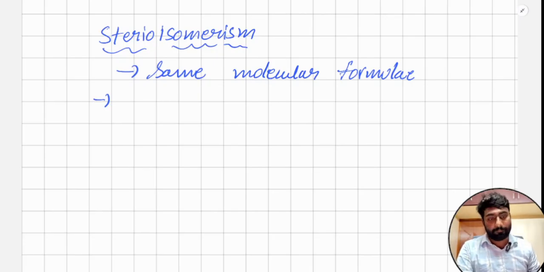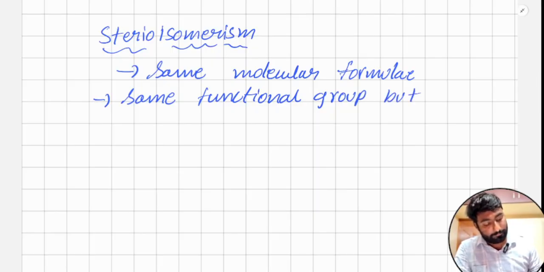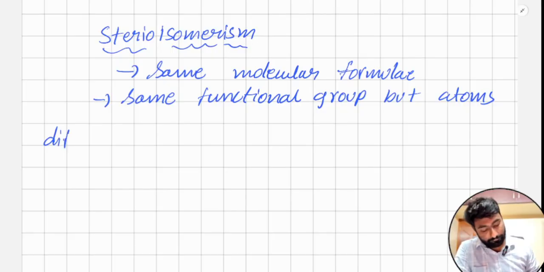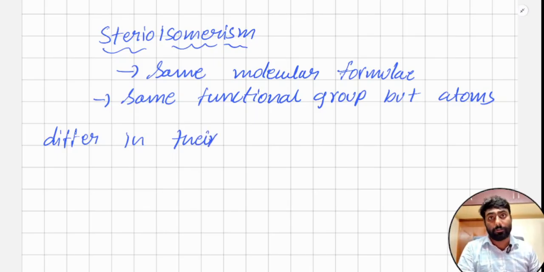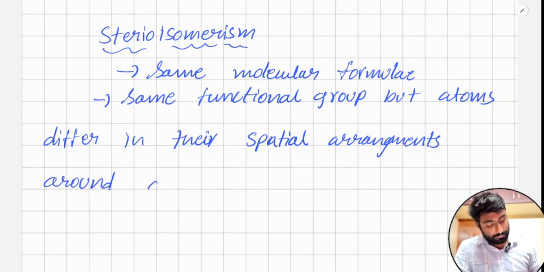In stereoisomerism, they have the same functional group also, but the atoms differ in their spatial arrangements around one or multiple carbons.